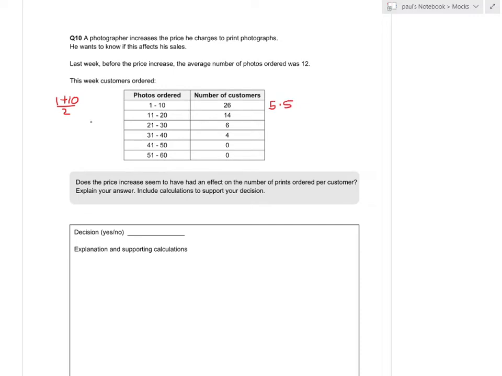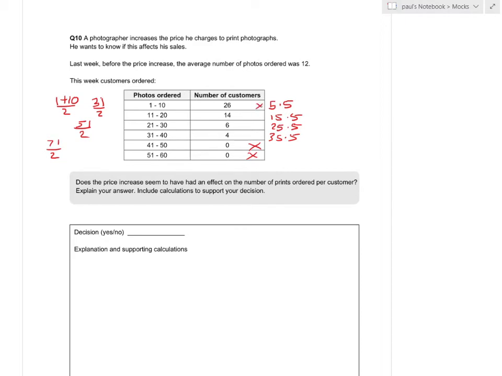This is going to be 21. Oh, hang on, no. 31. 31 divided by 2, which is 15.5. This is going to be 51 divided by 2, which is 25.5. This is 71 divided by 2, which is 35.5. And then there were no customers for these, so we don't need to bother to work that out.